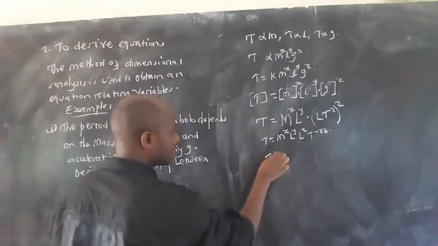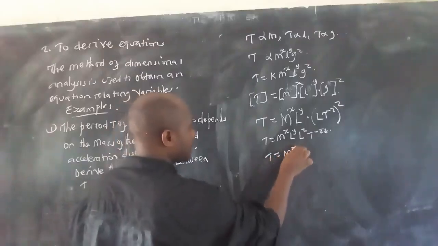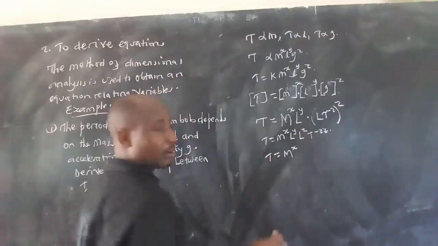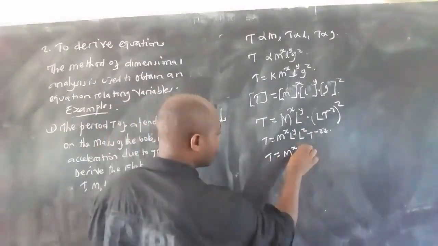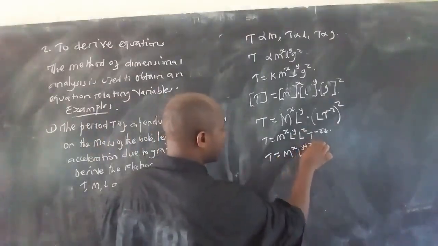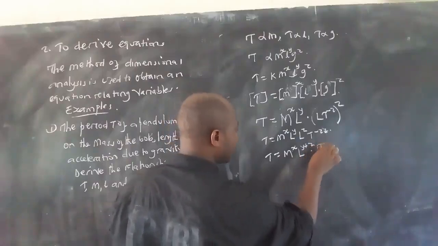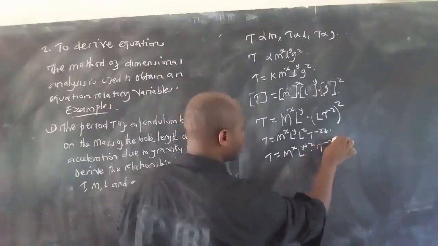When you multiply numbers with the same base, you add the powers. So this will be L to power Y plus Z, times T to power negative 2Z.